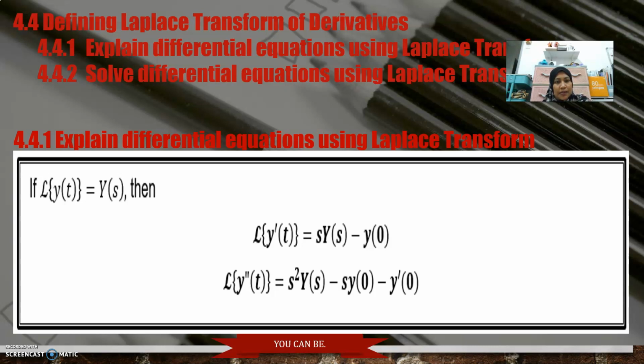transform. This is your last topic in this subject. Right?